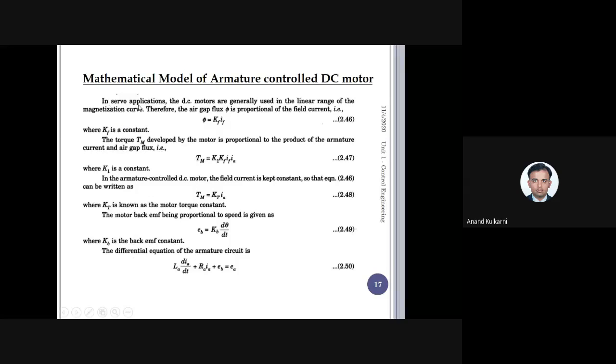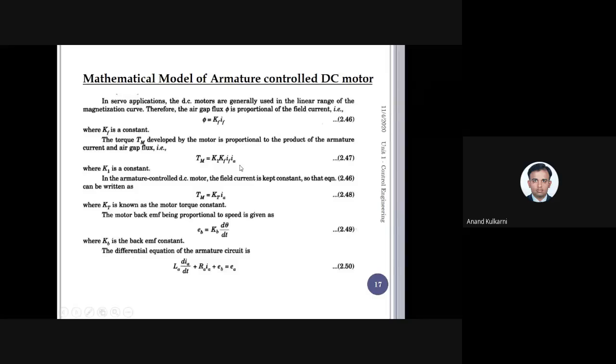So first is the flux. Flux is Kf into If. We are keeping it constant. Then the torque generated by the motor is Kf into If into K1 into Ia.